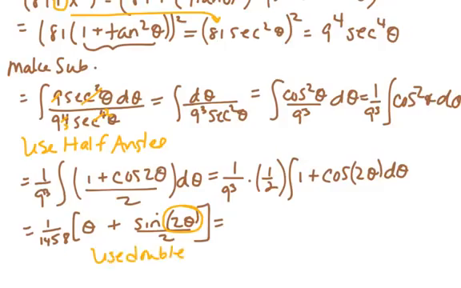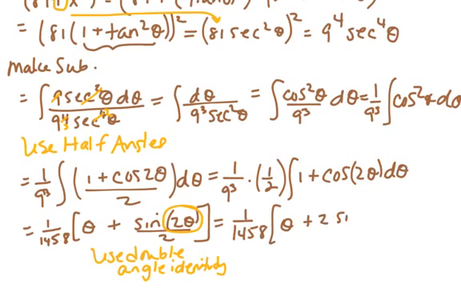So using the double angle identity, I'm going to rewrite this now, and all I'm doing is substituting in for sine of 2 theta, and this is theta plus the sine of 2 theta using the double angle is 2 sine theta cosine theta, and that's over 2.